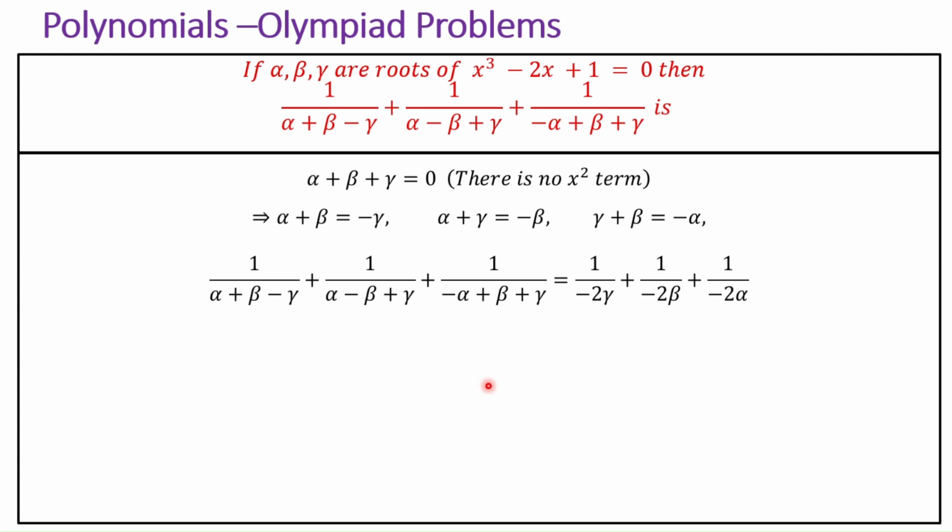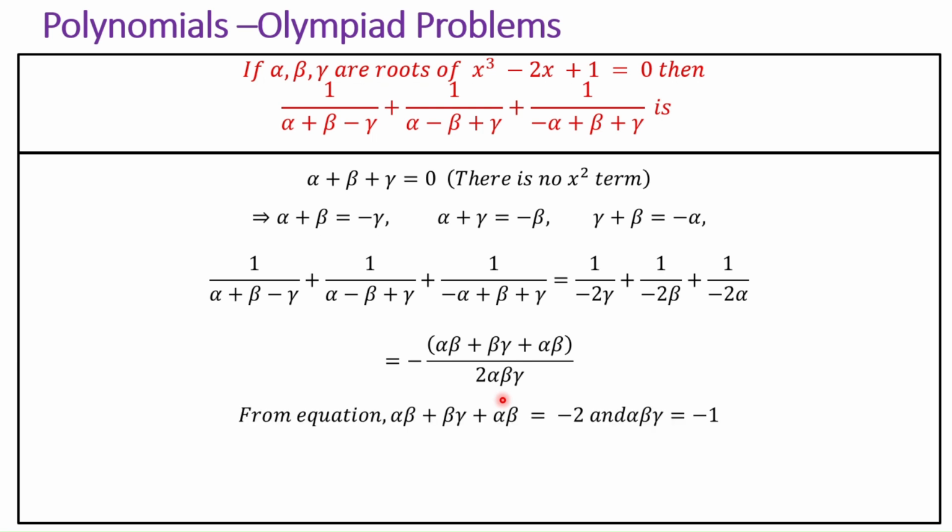Which is equal to 1 by minus 2 gamma plus 1 by minus 2 beta plus 1 by minus 2 alpha. Now you simplify this. Now you add this, what you will get is minus of alpha beta plus beta gamma plus alpha beta divided by 2 alpha beta gamma. Now these two we can get from the equation.